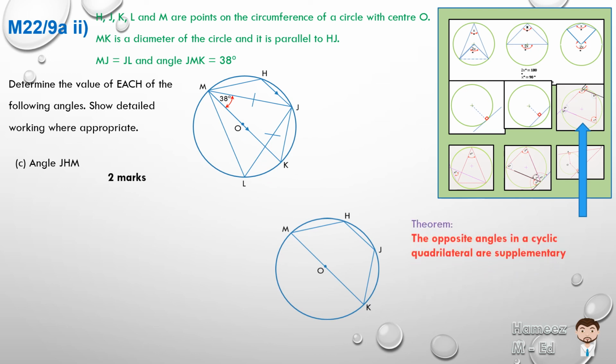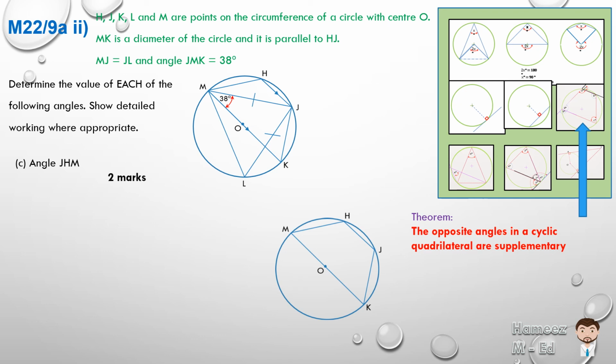The theorem states that the opposite angles in a cyclic quadrilateral are supplementary, meaning they add up to 180 degrees. So the angle at H and the angle at K is equal to 180 degrees.